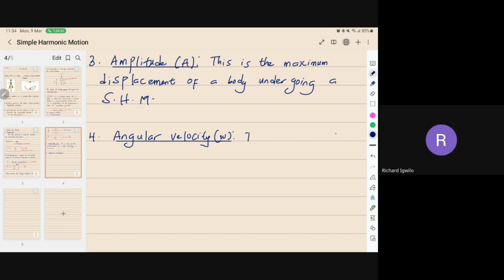So this describes, in layman's terms, how fast something rotates around a circle.